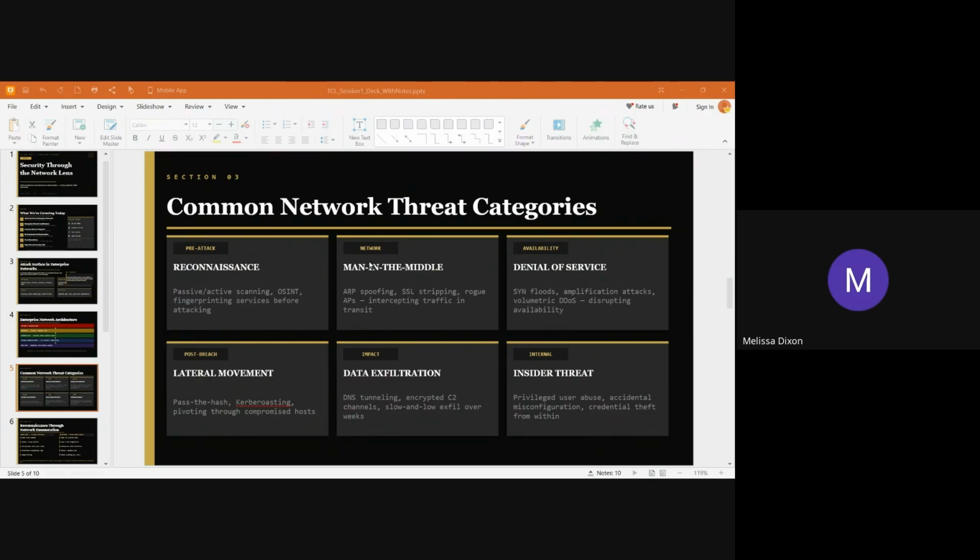And then for availability, we have denial of service: DoS, SYN floods, amplification attacks, volumetric DDoS, which is like flooding a network or a server. It disrupts availability. Especially for bigger organizations, that can be a huge hit, because their livelihood almost depends upon customers and clients.